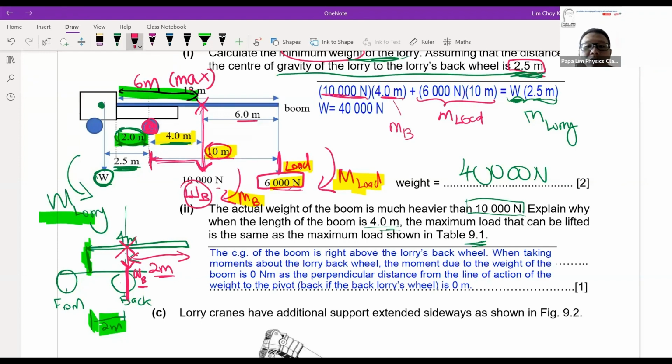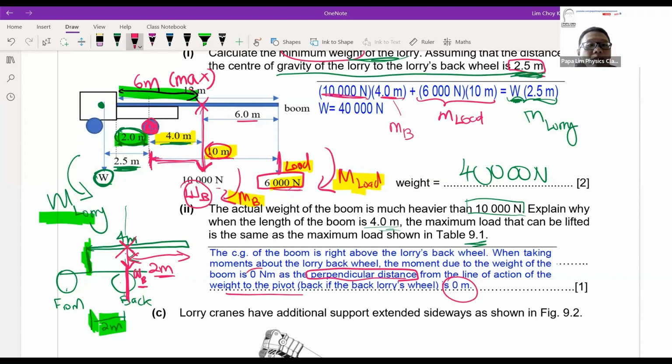Because of that, the perpendicular distance between the pivot and the weight of the boom is 0. This means the moment derived from the weight of the boom is negligible; it doesn't play a part, it doesn't create any moments, because there isn't any perpendicular distance between the weight and the pivoting point.